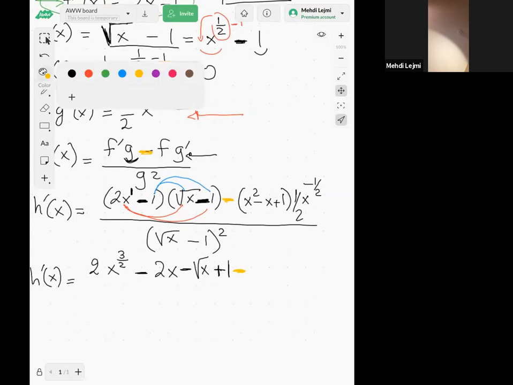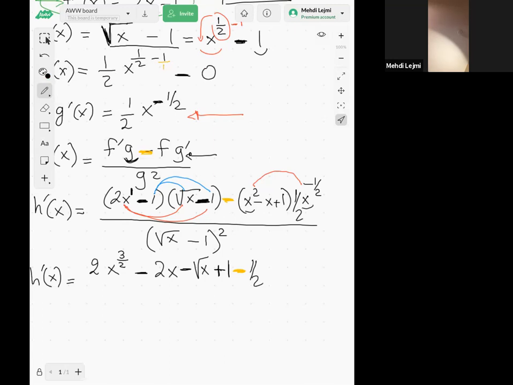You see here, this is x squared times this x to the negative half, and there's a half here, so that's half. Now we have the same base, so again we can add the powers.